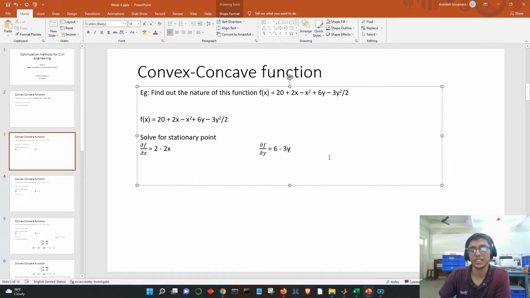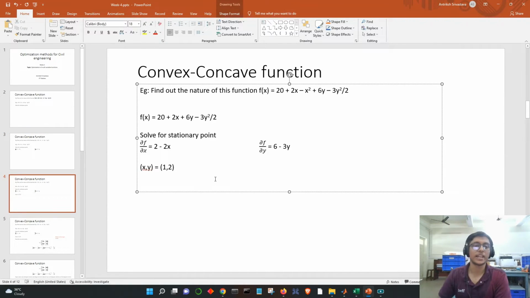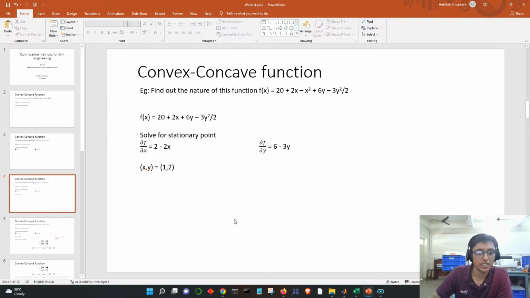I think 2, yeah, correct. Probably just a silly mistake, but 1 and 2, x y, 1 2 is the stationary point for this function. So this is clearly visible, right? Should I zoom in a little bit more? Yes, it is visible. Okay, so 1 and 2 is the stationary point.